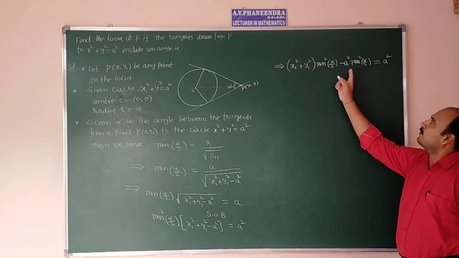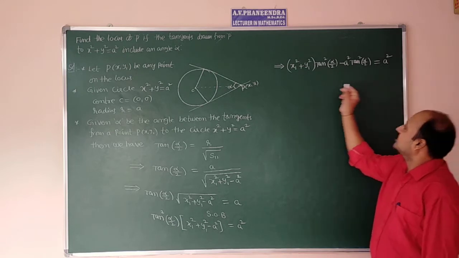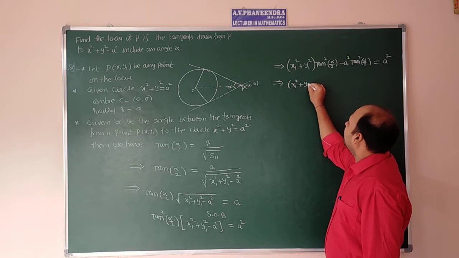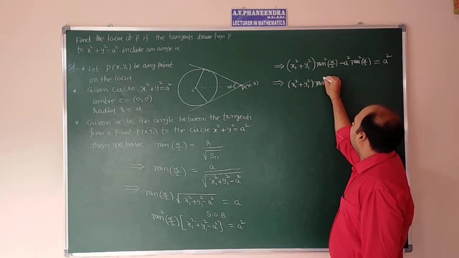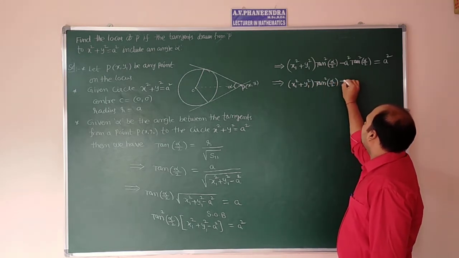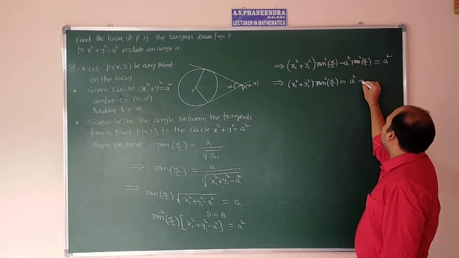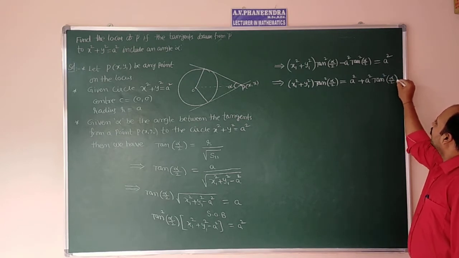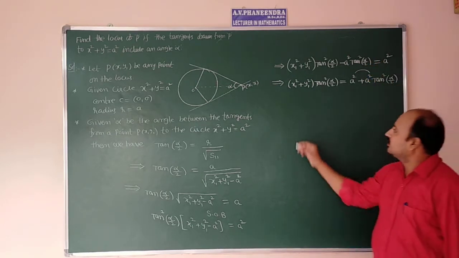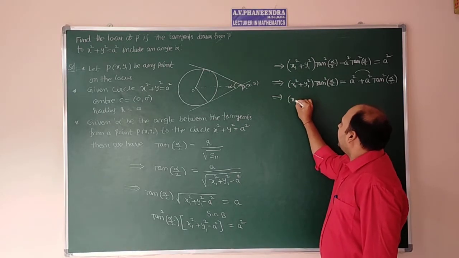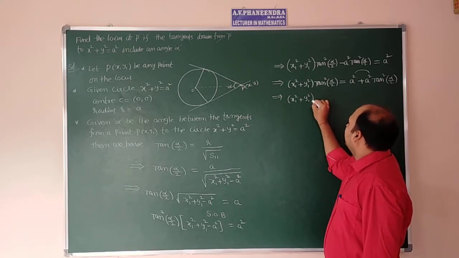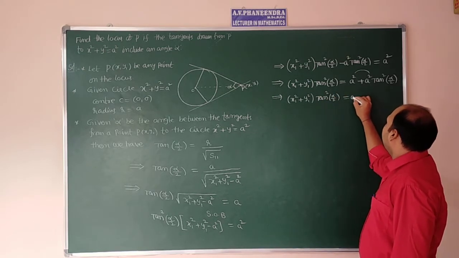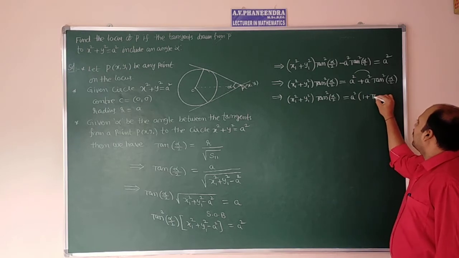So now what I am doing is, minus a square tan square alpha by 2 we are taking to this side. x1 square plus y1 square into tan square alpha by 2 is equal to a square plus a square tan square alpha by 2. From these two, a square take common. x1 square plus y1 square into tan square alpha by 2 is equal to a square into 1 plus tan square alpha by 2.